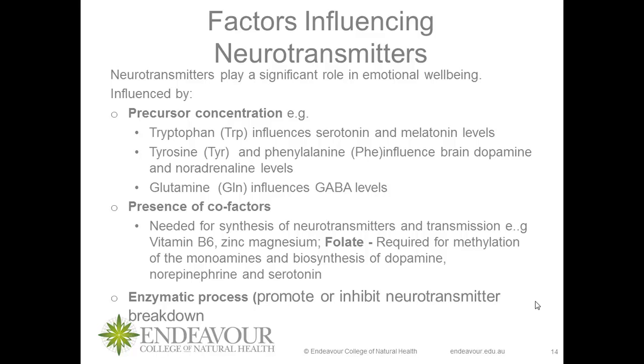So a person might be depressed because they have low serotonin levels in their brain, one of their feel-good neurotransmitters, but it might actually be that what they lack is a cofactor in the CNS. They might not be absorbing B6 from the gut. Zinc or magnesium may not be absorbed.